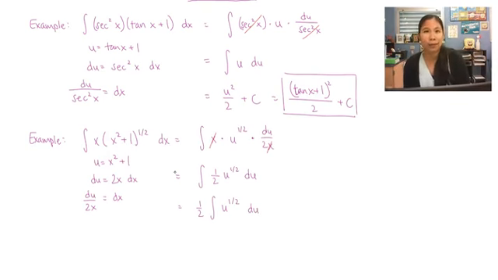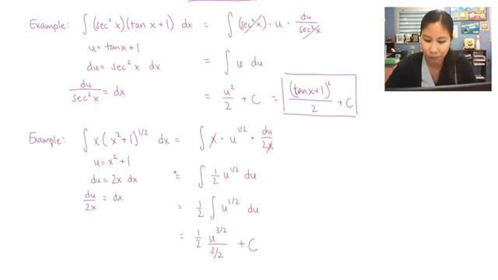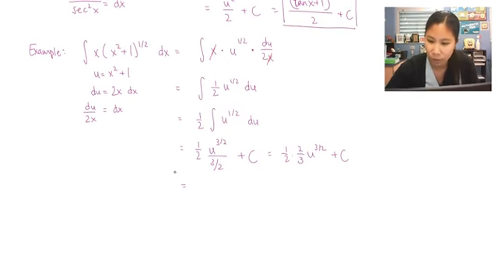Because now u to the 1/2, I can just apply the power rule to get 1/2 times u to the 3 over 2 over 3 over 2 plus c. And then simplifying this out, this would end up being 1/2 times 2 over 3 u to the 3 over 2 power plus c, which is really just 1/3 u to the 3 over 2 power plus c, and then just plug the u back in.